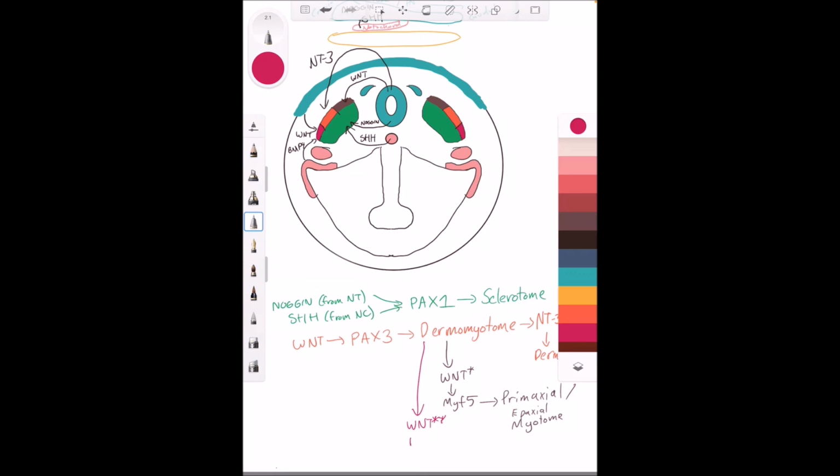And also if there's the BMP4, if we have these two proteins expressed, then this will cause the activation of a different transcription factor, not MyF5, but MyoD, and that induces the formation of the, what do you call it? The abaxial is what she calls it in the video. It's hypaxial in the Noted Anatomist video, but this is the abaxial myotome.